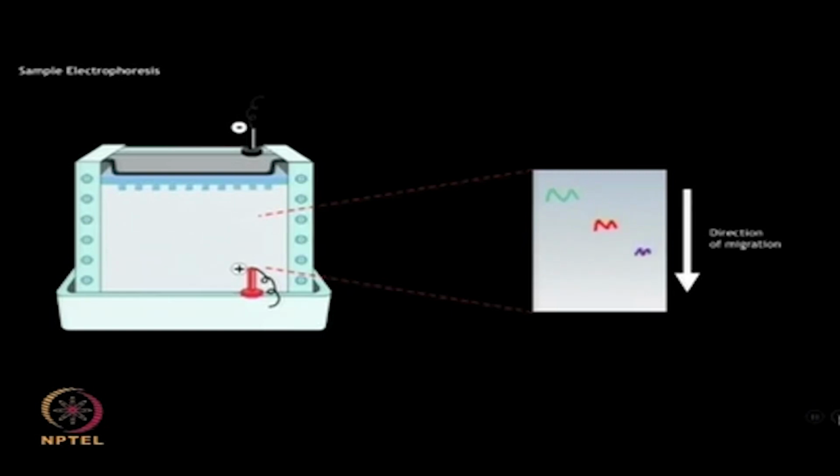The progress of electrophoresis can be observed with the help of tracking dye. The larger proteins are retarded in the gel and remain close to the point of application, while the smaller proteins migrate further along the gel.